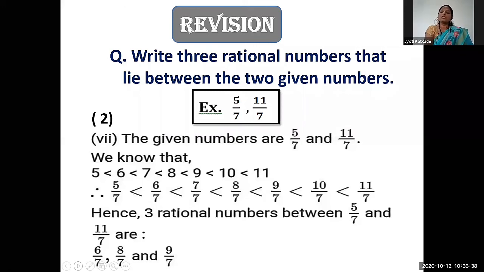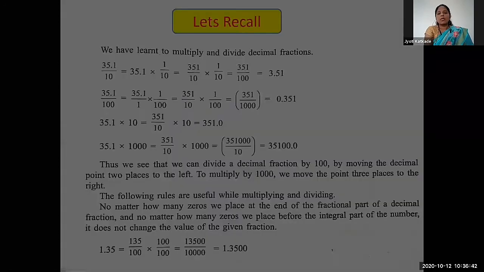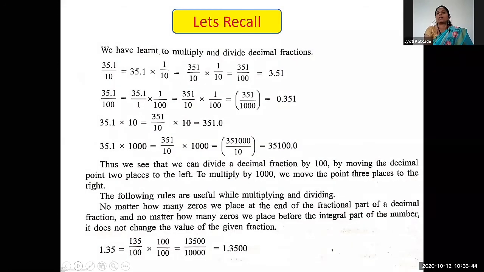Now see, our today's topic is decimal form of rational number. Let's recall, you have all studied this topic in the previous standard also. We have learned to multiply and divide decimal fractions.